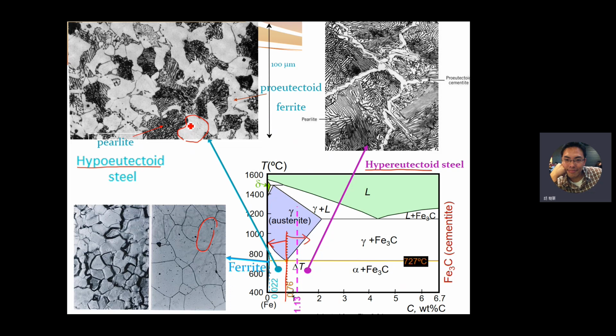With this is the pearlite structure, which is a lamellar structure, meaning a layer by layer structure. And these layers consist of what? Cementite and ferrite.